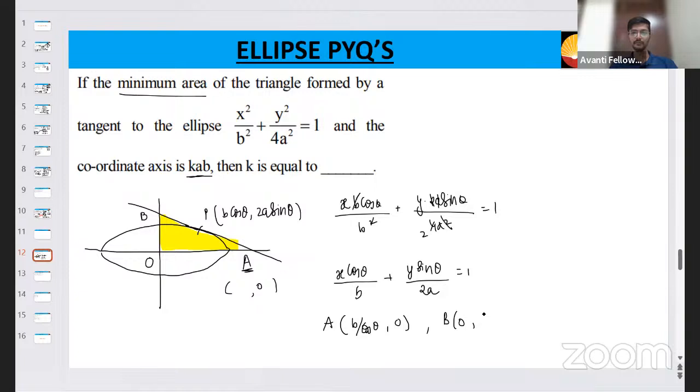So x equals 0, so we'll get 2a by sine theta. That means this distance OA is b by cos theta, and this distance OB is 2a by sine theta. So area of the triangle will be equal to half into base into height.